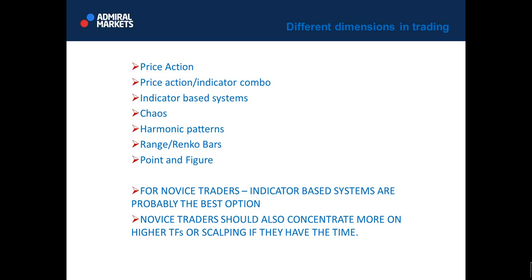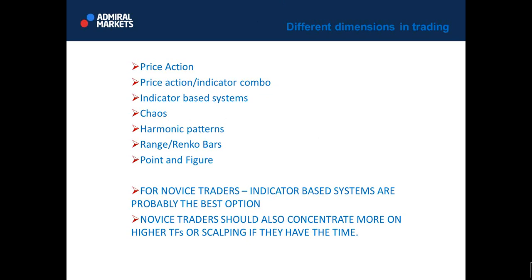So I'm not sure how good it would have been if I traded, I don't know, cable or Aussie CAD or Swiss yen. When I was doing it on euro dollar, it was good, but on other pairs, I'm not sure.